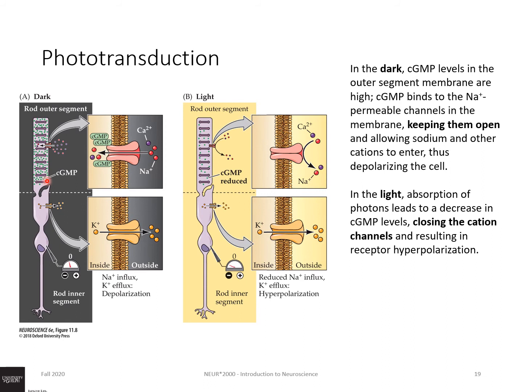So that's the steady state in the dark. You have depolarization to that -40. But in the light, absorption of the photons leads to a decrease in cyclic GMP levels, and thereby closing the cation channels, resulting in hyperpolarization. So light causes the cell to become hyperpolarized.